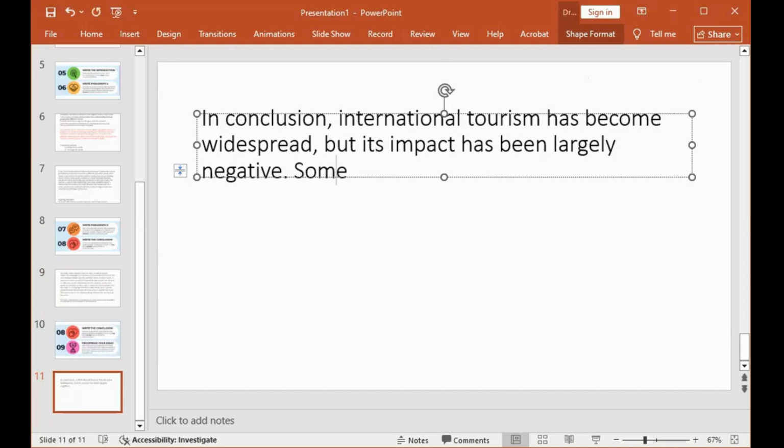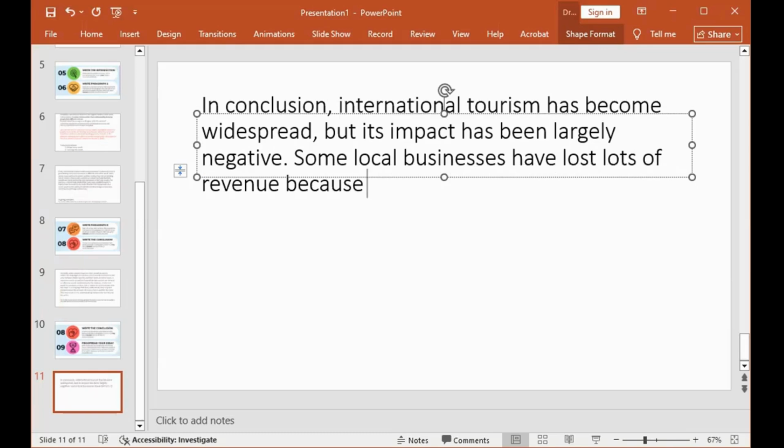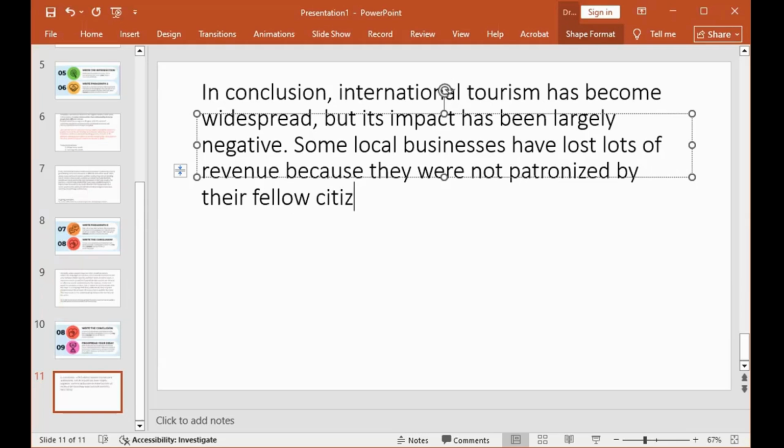Some local businesses have lost lots of revenue because they were not patronized by their fellow citizens who chose to travel abroad on holiday.